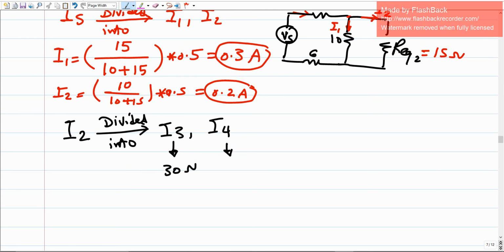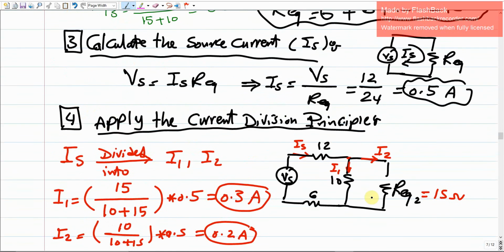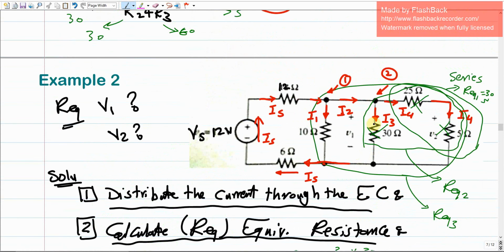But how much is the resistance that I4 goes over? I4 is gonna go over the 5 plus the 25 plus the 5, right? Because we combine these two. Remember that the current division should be applied between only two resistances. So the I3 goes over the 30, this is one resistance, but the I4 goes over two resistances, which are 25 and 5.